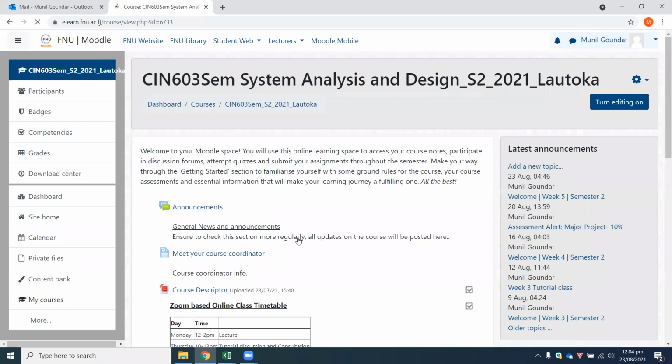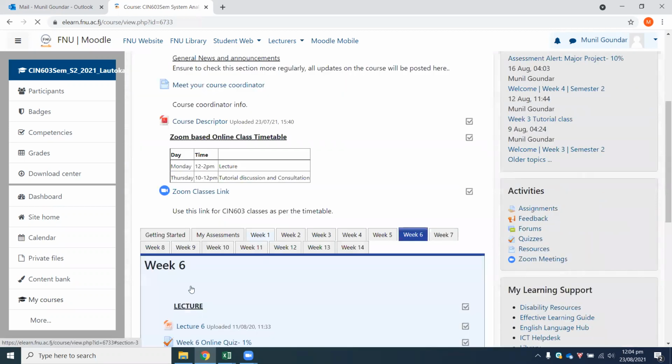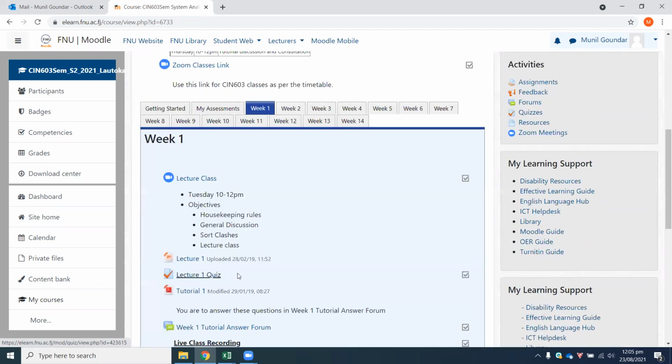I had a good look at the lecture-based quiz feedback in terms of how many of you are attempting the lecture-based quizzes or not. Half the class has not yet attempted the very first lecture-based quiz. So lecture 1 quiz, lecture 2, lecture 3, lecture 4 quizzes.